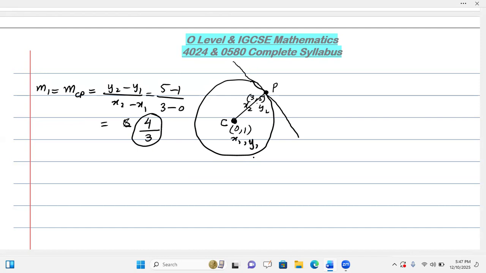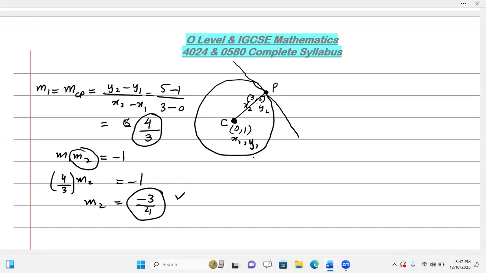We know the radius is perpendicular to the tangent. So for the gradient of the tangent, we use the relation m1 m2 equals minus 1. This m2 is to be calculated for the tangent, which is perpendicular to the radius. So m1 is 4 by 3, and m2 will equal minus 3 over 4, the gradient of this tangent line passing through point P.